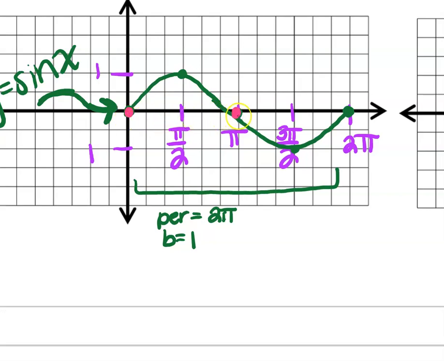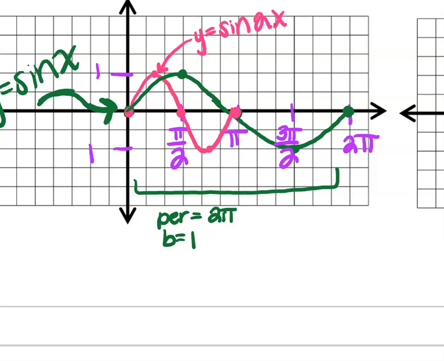Notice how that's 6 boxes. Halfway, it's on the midline. Halfway, we go up to our max, so I'm right in the middle at 1.5. And halfway, I'm at a minimum. And then I'll go ahead and label that. Y equals sine of 2x.